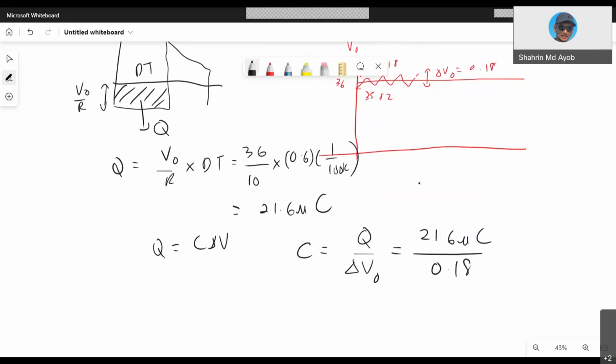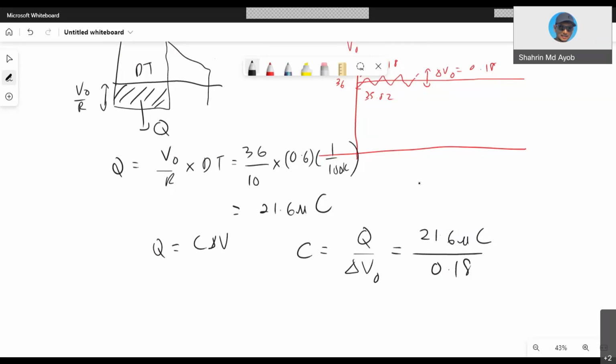You see, how easy it is. There is no need to remember the equation. You don't need to memorize the exact equation for the ripple factor.